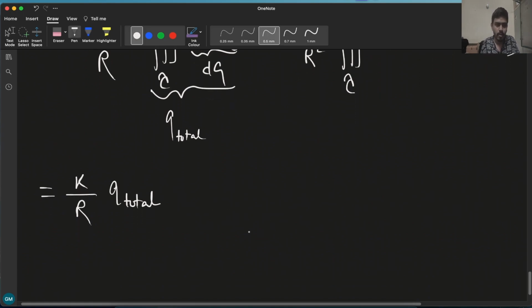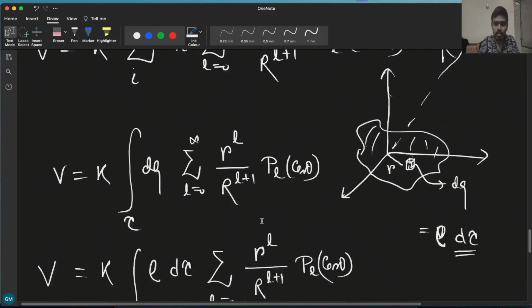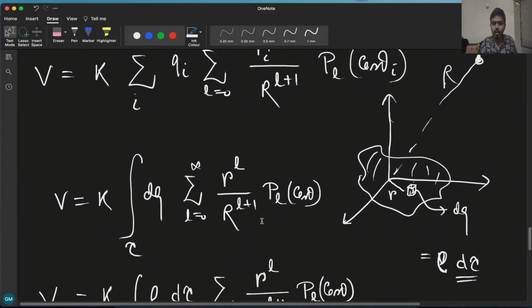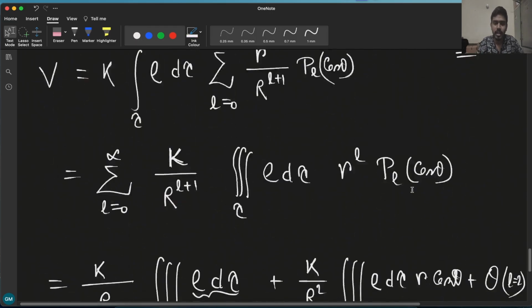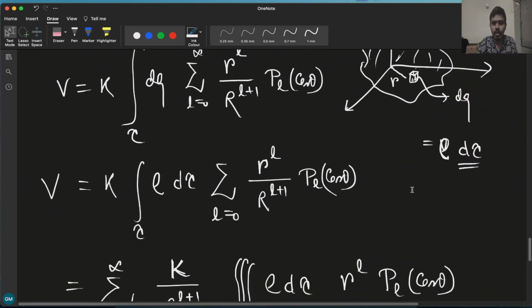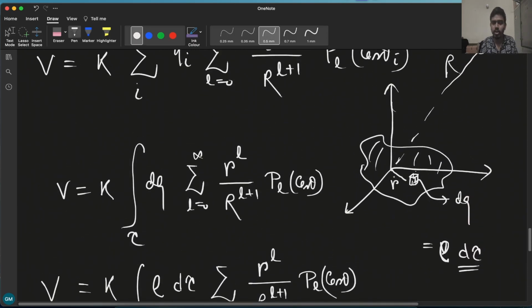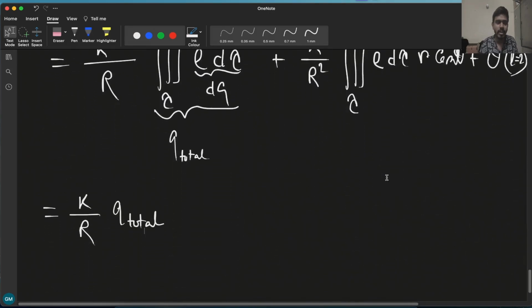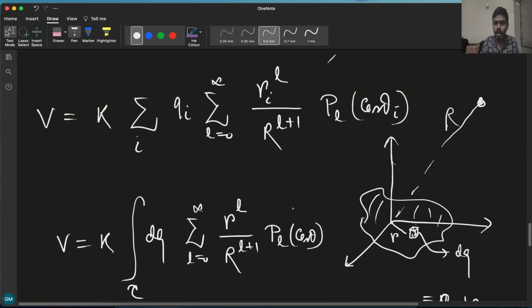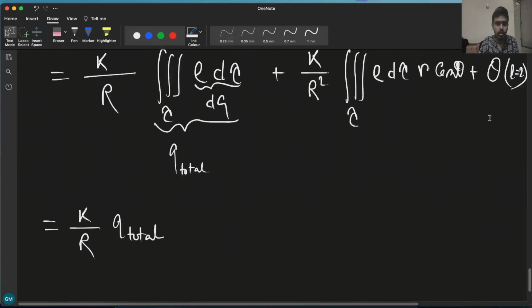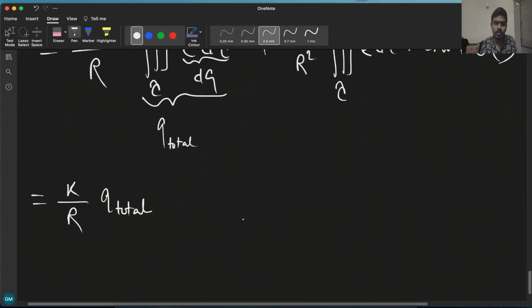So for example, if you have total charge q at a single point, at the origin, then the potential at this point will be k q total divided by R, right?